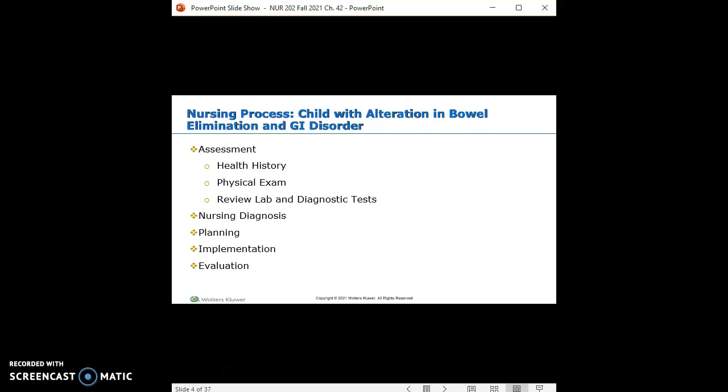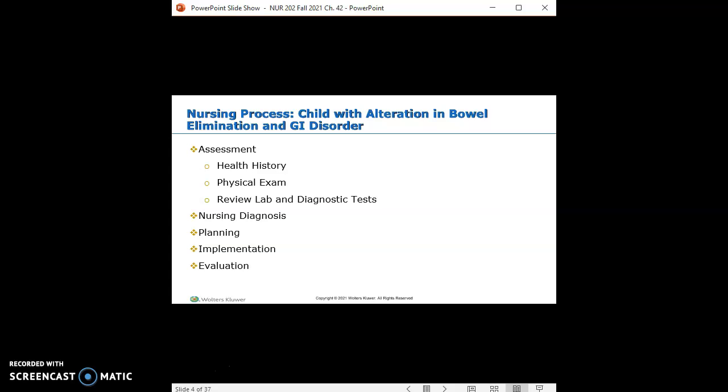In elimination and GI disorders, a lot of diagnostic tests look at the esophagus, the stomach. They look at the function of the bowels, the intestines, small, large, the rectum. They are looking for things that are abnormal.